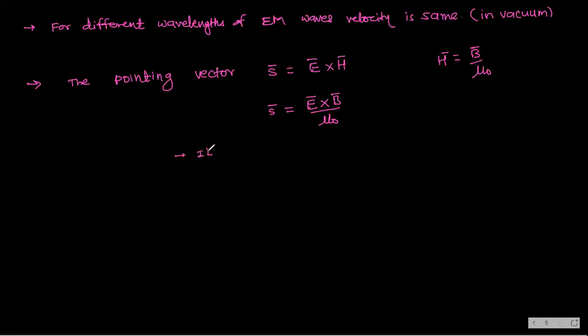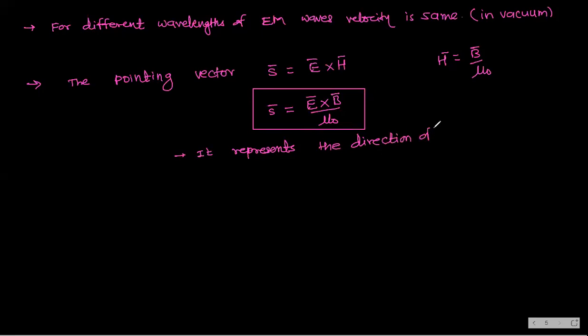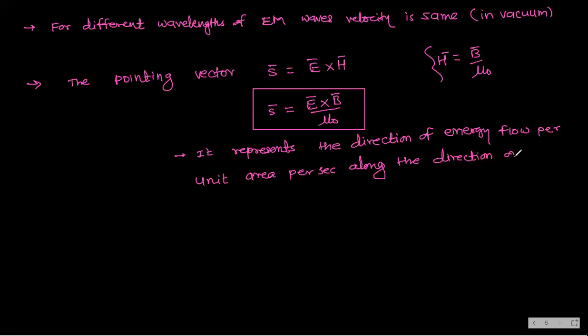This Poynting vector represents the direction of energy flow per unit area per second along the direction of wave propagation.